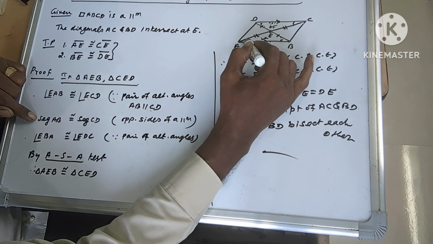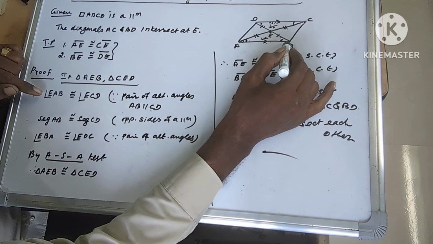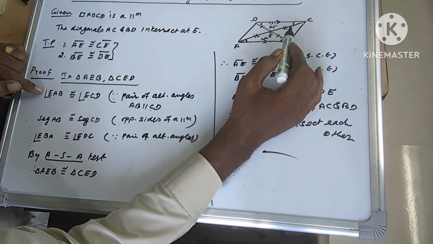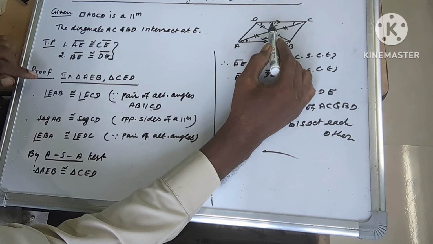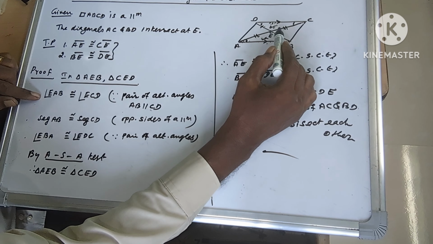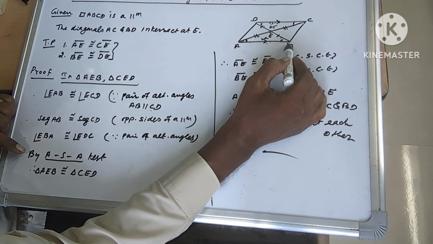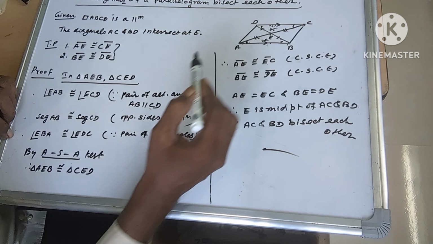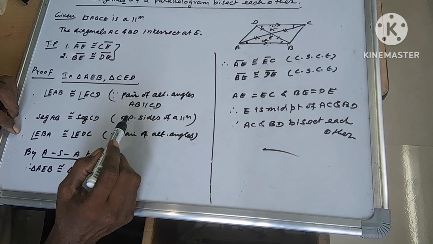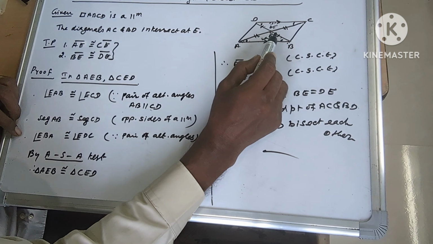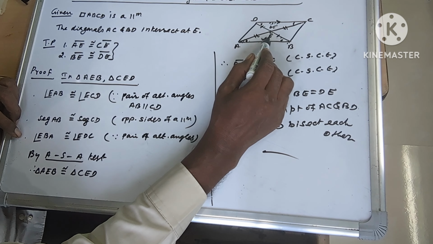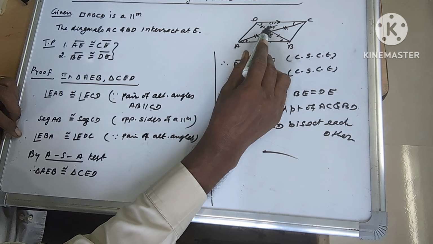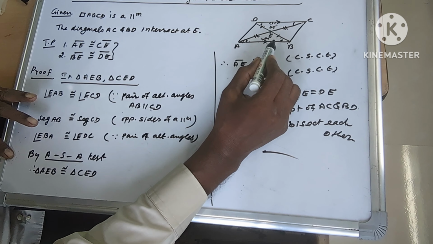That's why angle EAB is congruent to ECD. Same way, EBA is congruent to EDC. Yes, that's why these two triangles are congruent by the ASA test.